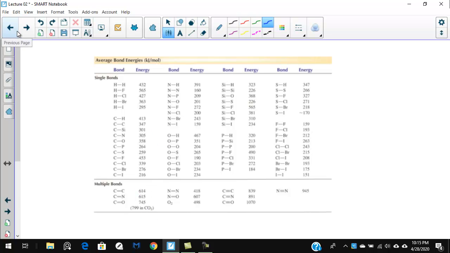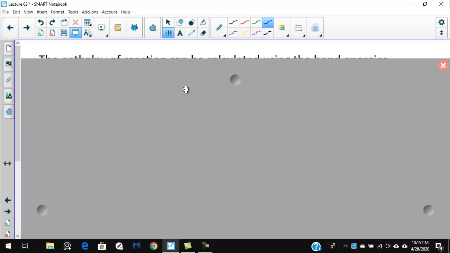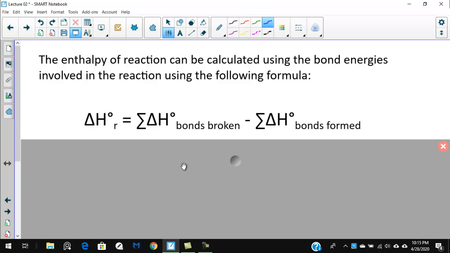Okay. Now all that data basically runs through this formula. So you can calculate the enthalpy of a reaction by doing the following. The triangle is delta, which stands for change, so change in the enthalpy of reaction. The little r down here just means we're looking at a reaction.